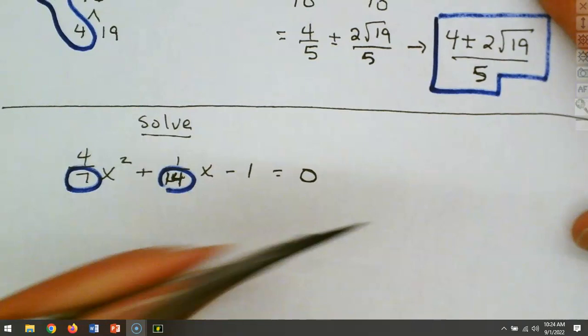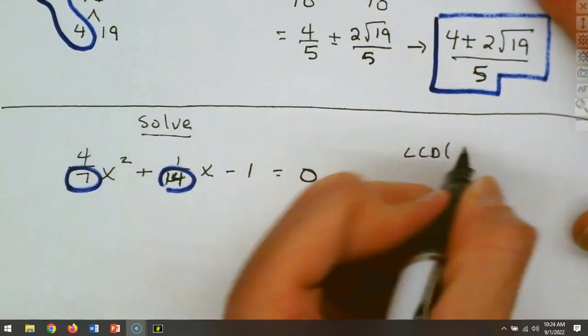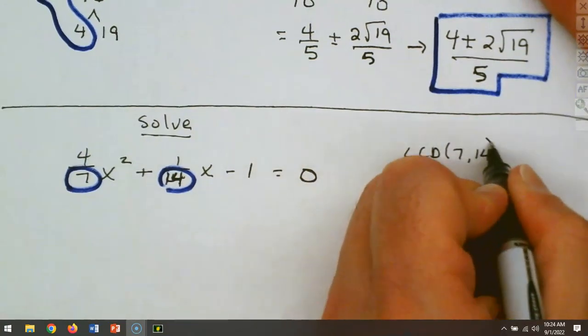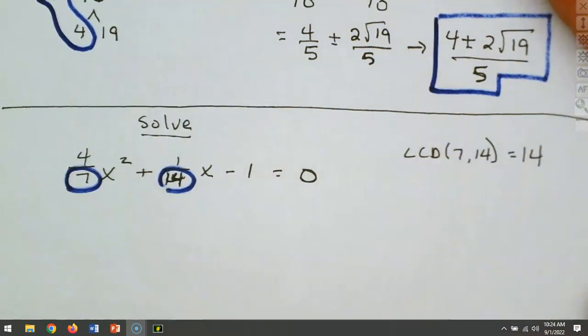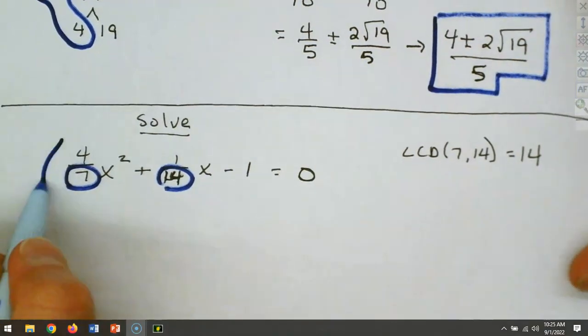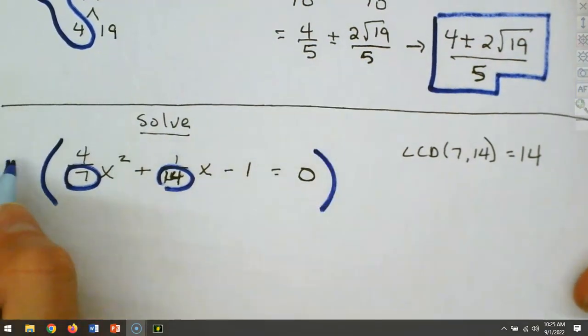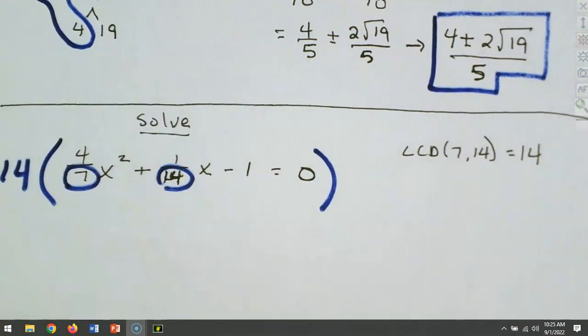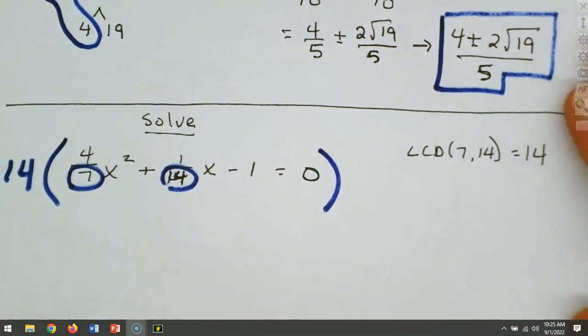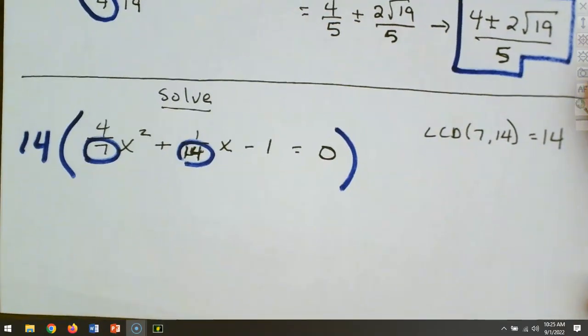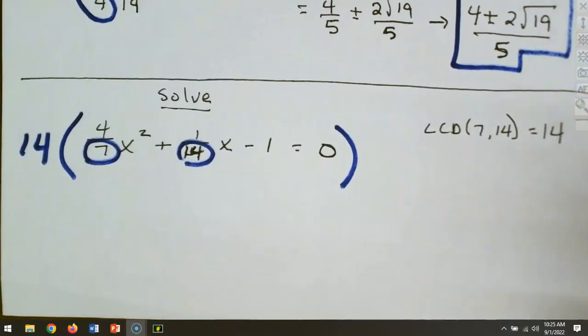And the least common denominator of 7 and 14 is 14, right? So we're going to have to multiply everything now by what? 14. That'll get rid of all of it. So multiply it all by that 14.